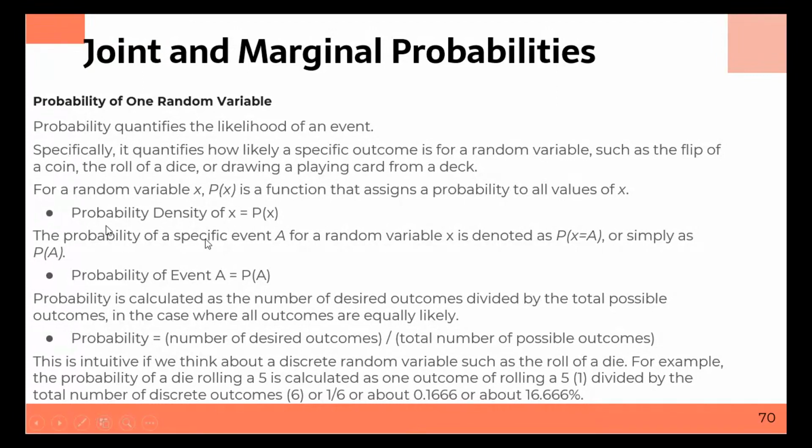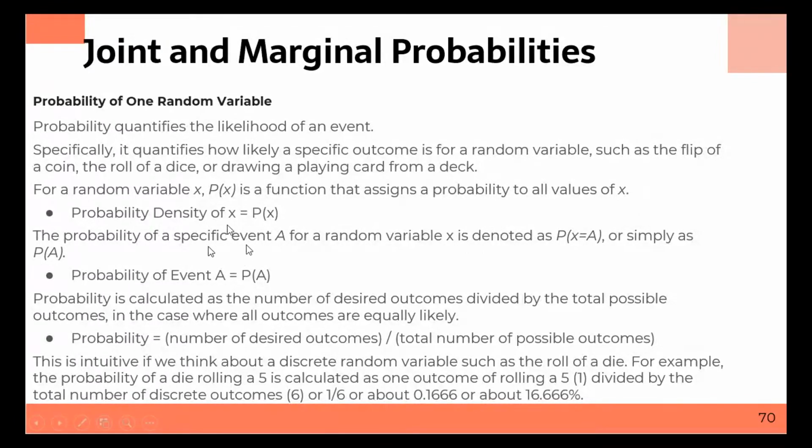Probability of a specific event A for a random variable x is denoted as p of x equal to A. Now try to understand what is an event and what is a variable.